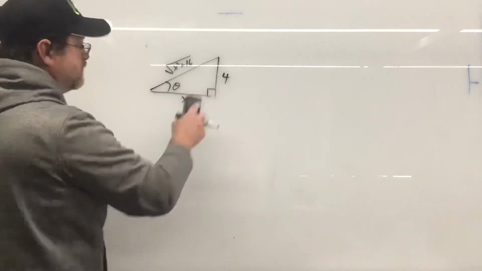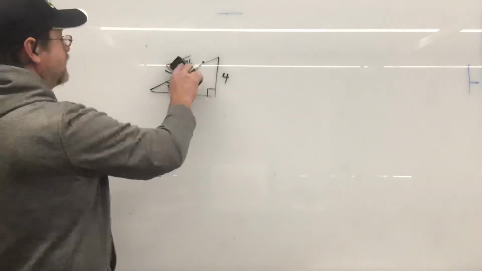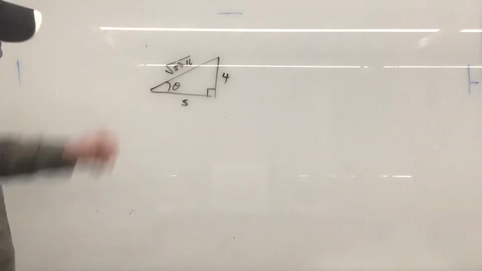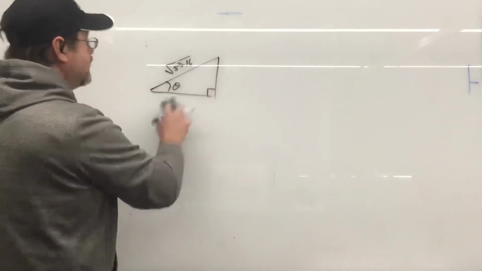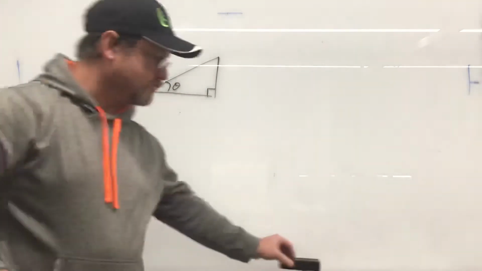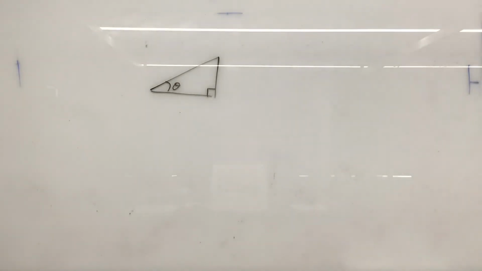And if we had the other value, if this is going to be 5, then we could simply square that and get the square root of 41. So they don't have to be things on the unit circle, but when we're finding an inverse sine or an inverse cosine, we're usually wanting to look at one of those and say, what is the inverse sine of radical 2 over 2, something like that.